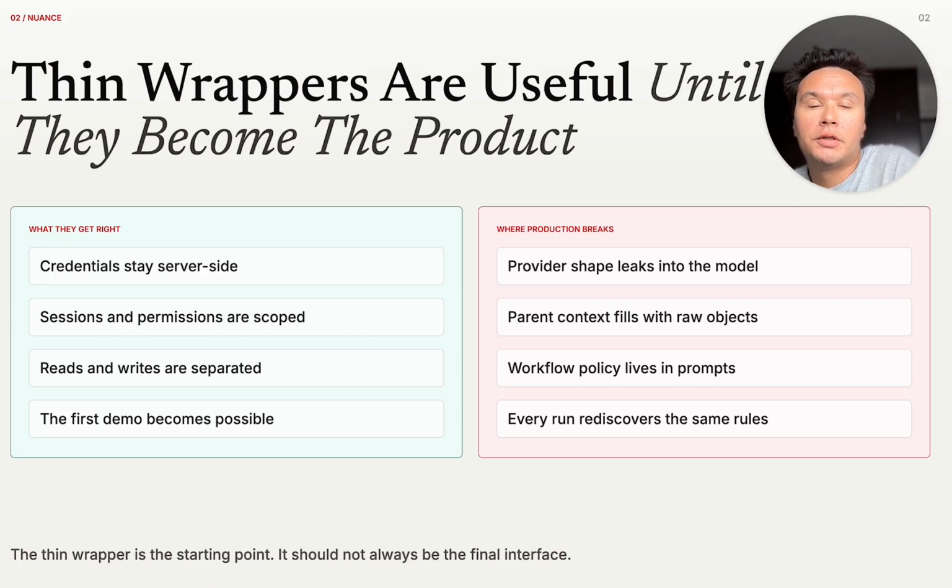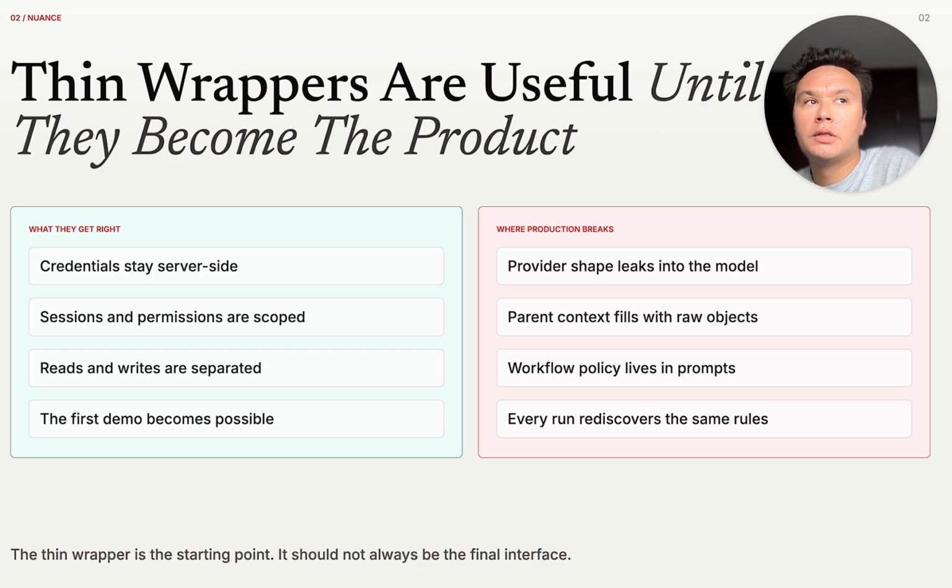And if you are at the stage where you just need an agent to touch a new system at all, a thin wrapper is the right starting point. But the mistake is letting this thin wrapper become the production abstraction once one agent owns one vertical workflow. And the moment you have a real job to do, the API shape stops being the right shape.